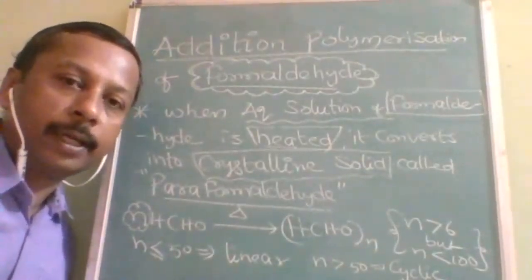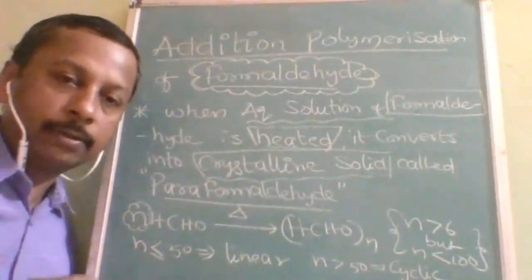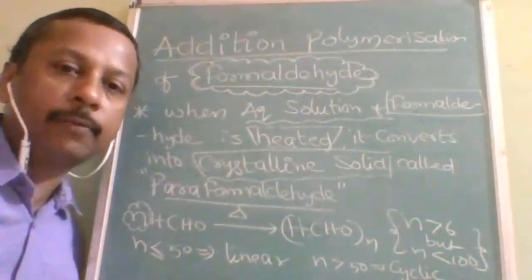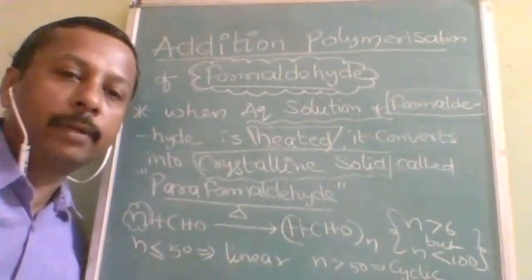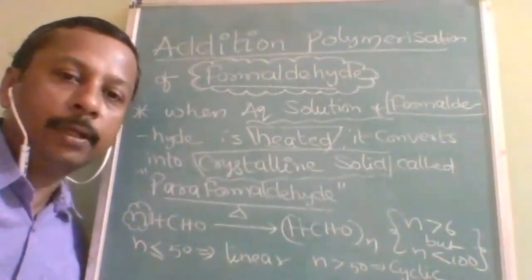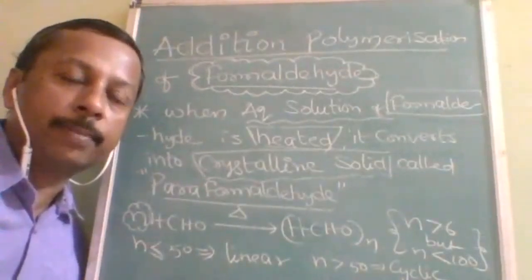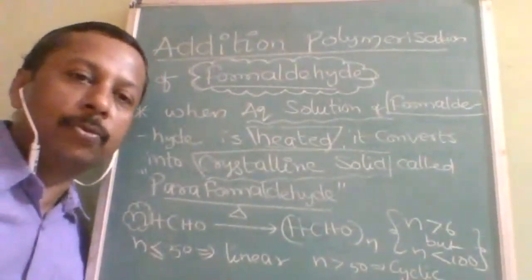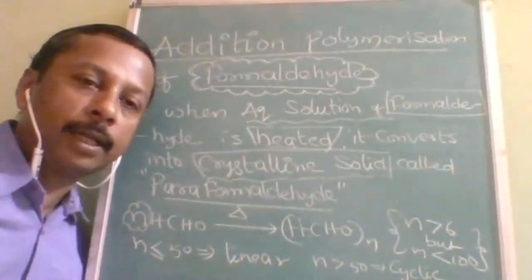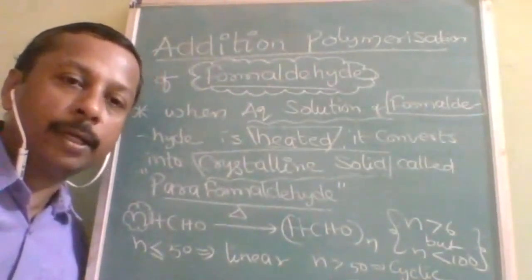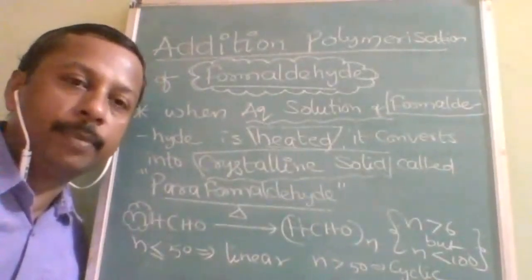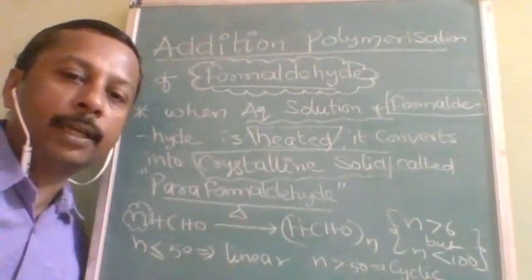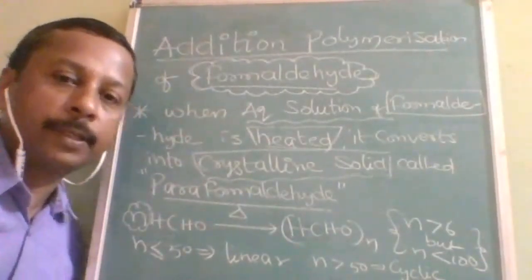Okay, so what are the conditions? Once more, highlighting: first, an aqueous solution of formaldehyde is heated. What will it give? A crystalline solid, and that crystalline solid is called paraformaldehyde. And this type of polymerization takes place only when the number of carbons is above 6, below 100. If it is below 50, it is going to be a linear polymer. If it is above 50, it is going to be a cyclic polymer.